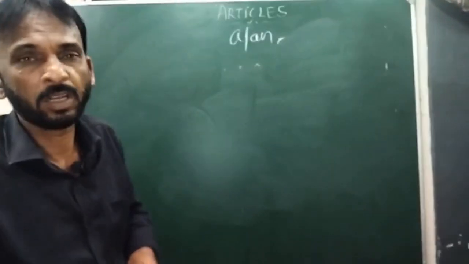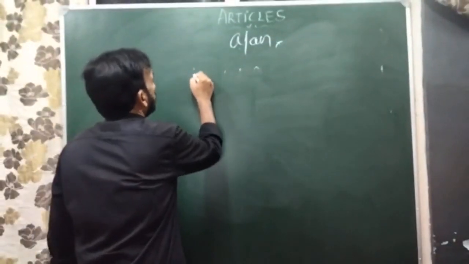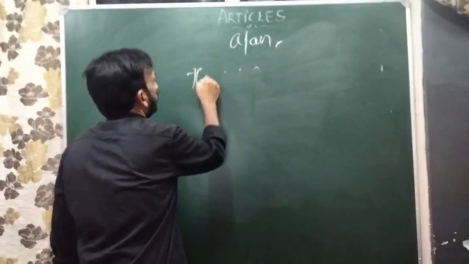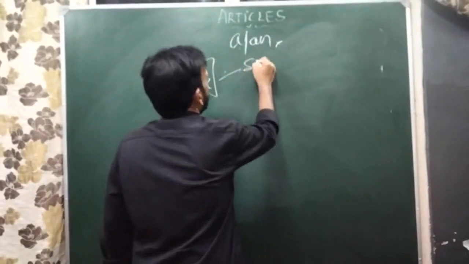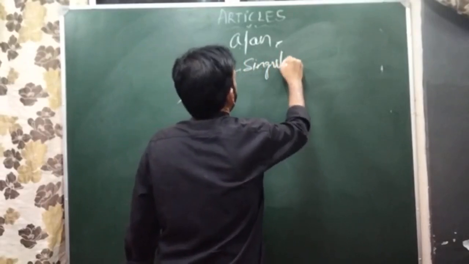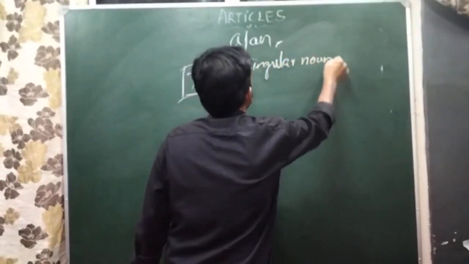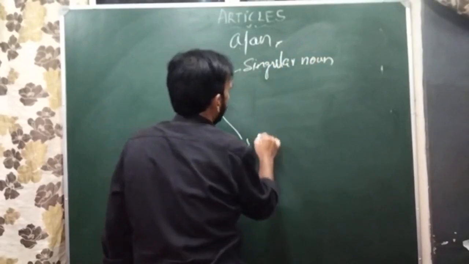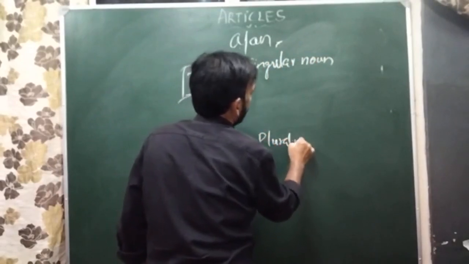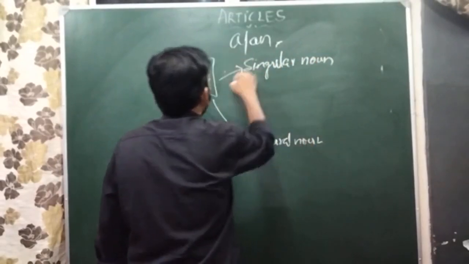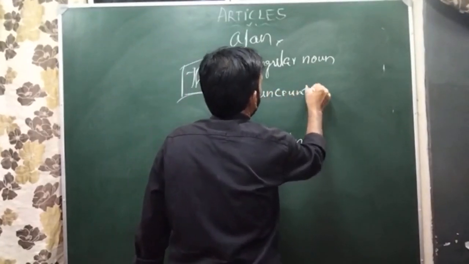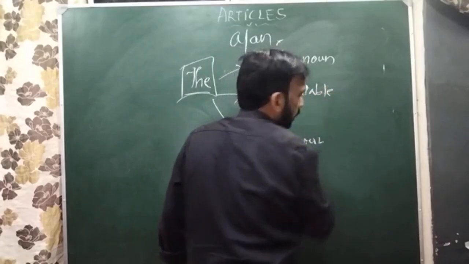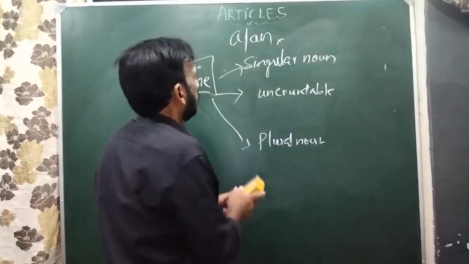So we will talk a little about the. We use the for singular nouns, and you can use it for plural nouns, and you can even use it for uncountable nouns.